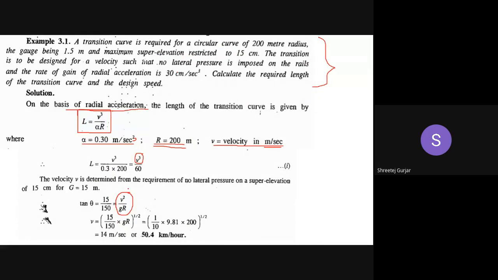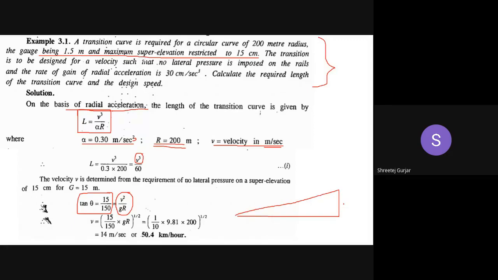It is given as 15 by 150 using tan theta. So 1.5 meters, and maximum super elevation restricted to 15 centimeters. Using these two data, we have to apply tan theta. Let me just show you in cross section. This is the super elevation or the raising of the outer edge.